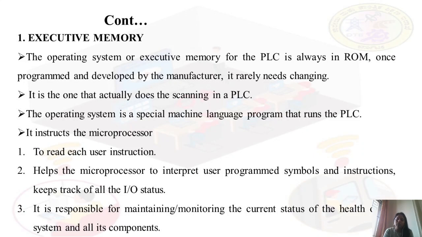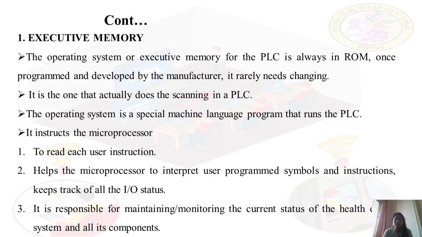The operating system is a special machine language program that runs the PLC. Understood? It instructs the microprocessor to read each user instruction. It helps the microprocessor to interpret user program symbols and instructions, and it also keeps track of all the input and output status.